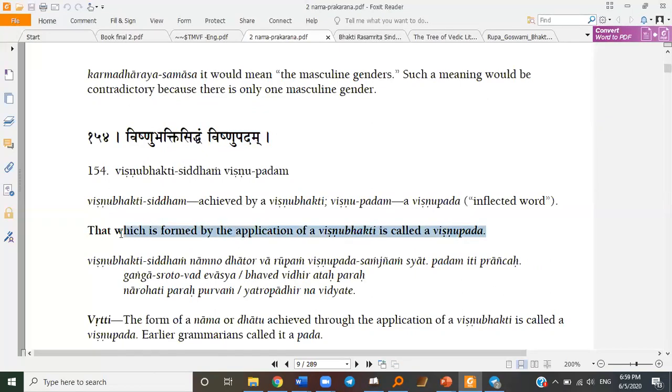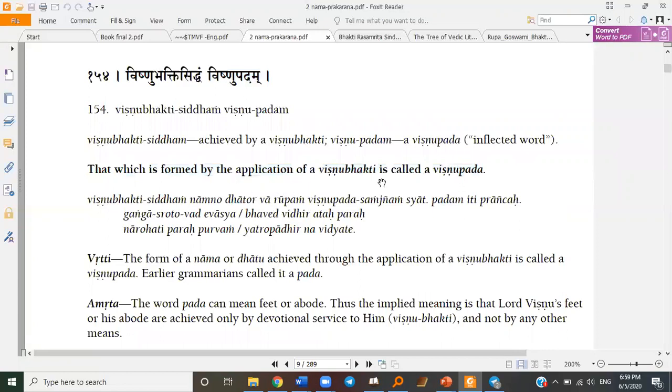Simple. Is that okay? Yes. Vishnu Bhakti is Pratyaya, and when we add it to Prakriti, it becomes a Vishnu Pada, the final form.